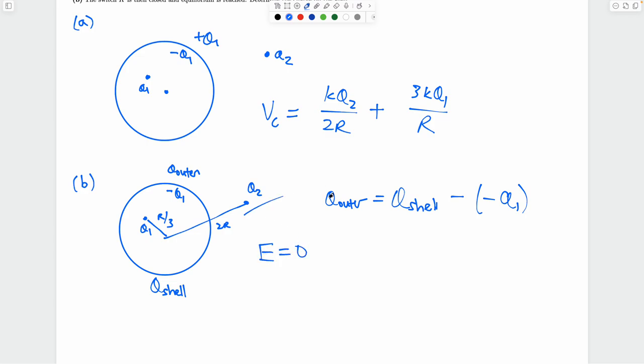E equals zero in this whole region outside. So if we take potential from infinity, where potential is zero, and integrate along a path to the surface of the shell, and E is zero everywhere, it means that the potential of the shell must be V equals zero also, right? Because there's no electric field, if we are just considering Q1 and negative Q1. Do you agree?